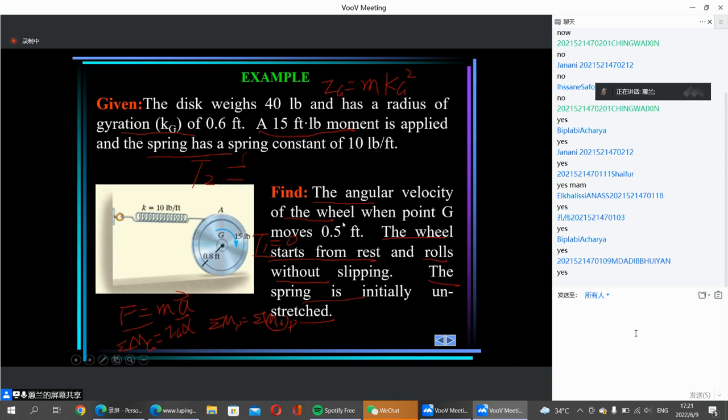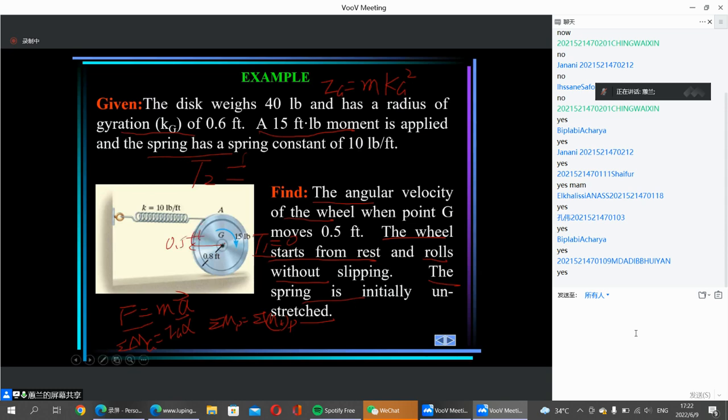Here, it states that when point G moves 0.5 feet, what does that mean? That means the G moves 0.5 feet.